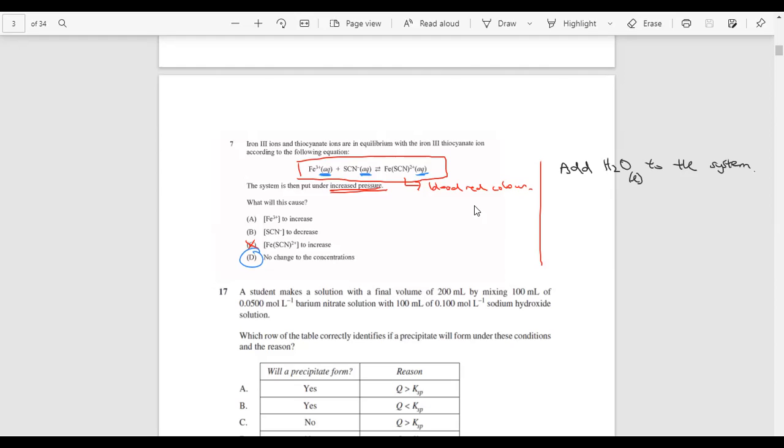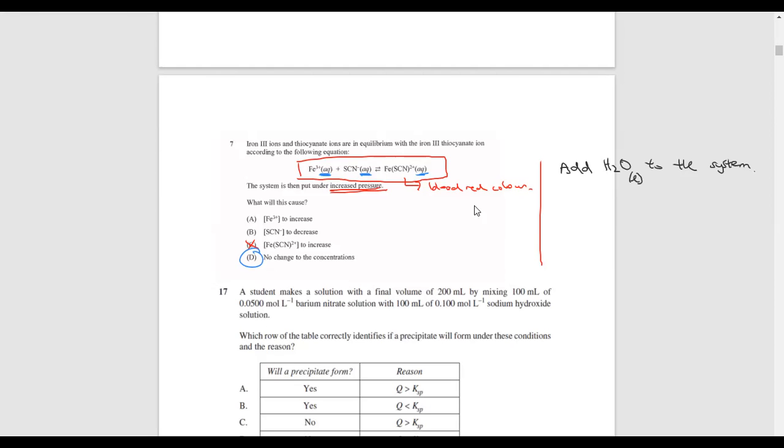That's probably the typical thinking there. And note that I did say there were exceptions to that rule, right? Typically, yes, we say that if it's adding a solid or liquid, then it's not going to change anything. But I did say there were exceptions to that.